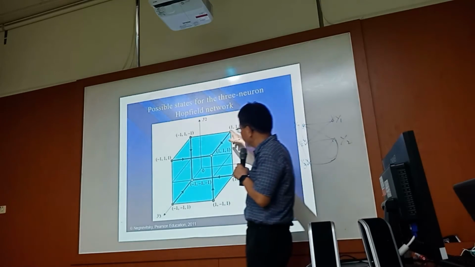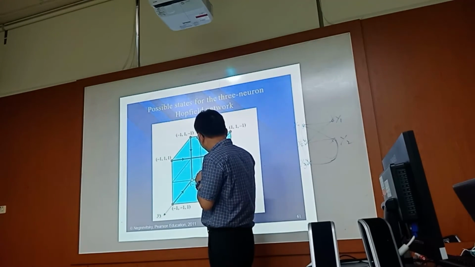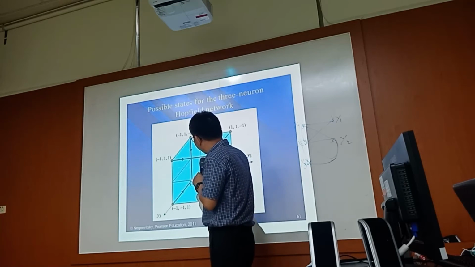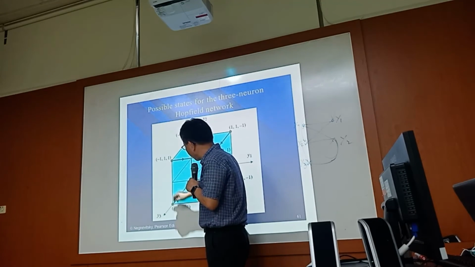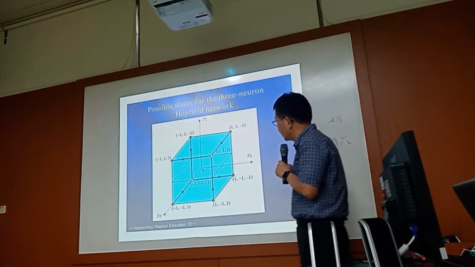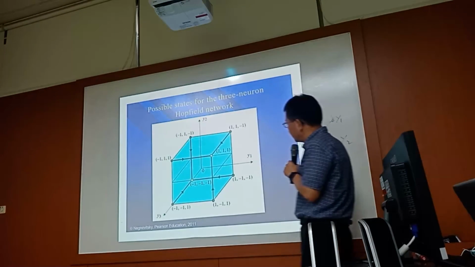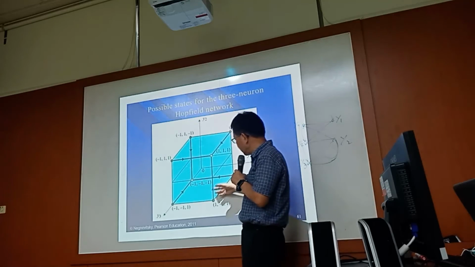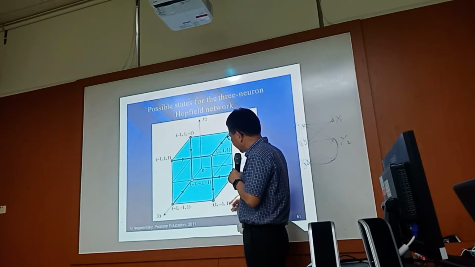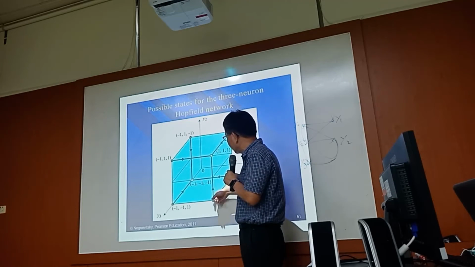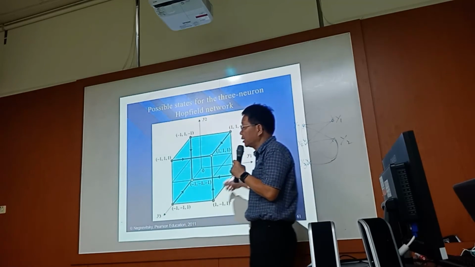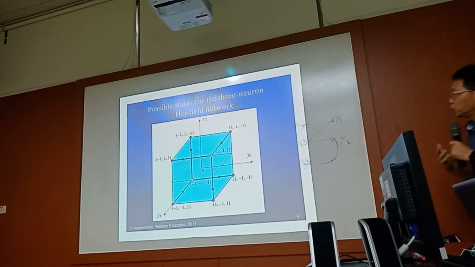Now for an example, here we have 1, 2, 3, 4, 5, 6, 7, 8 nodes. If you give me a node, I can understand this node from its connections. So what Hopfield can do is recover something.